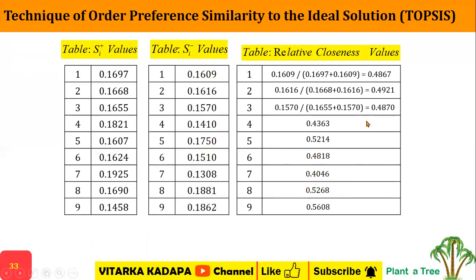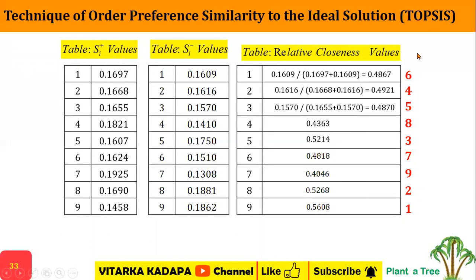Now I have got the values. Based upon this, I have to rank from highest to lowest, that is descending order. If I rank, I'll get first, second, third, 4, 5, 6, 7, 8 and 9.